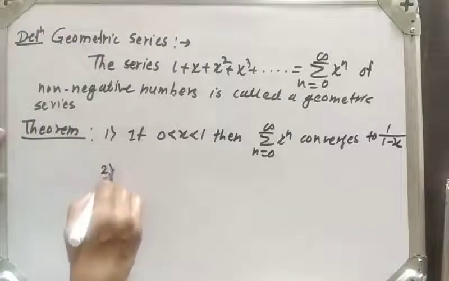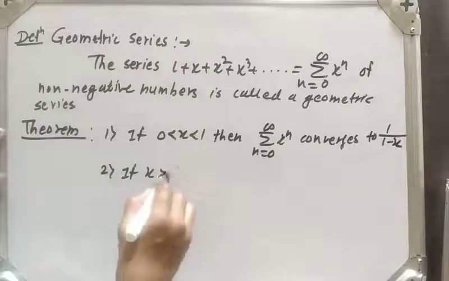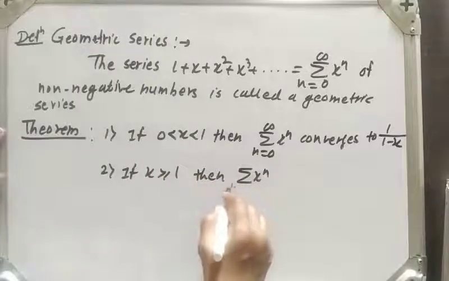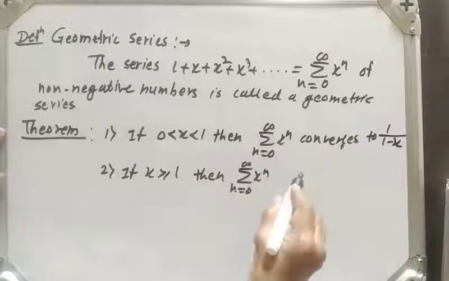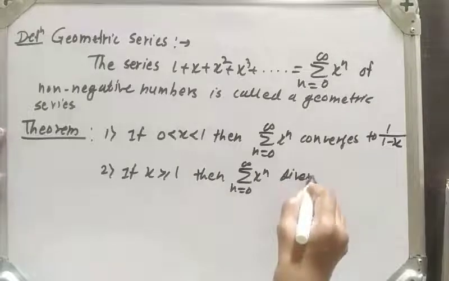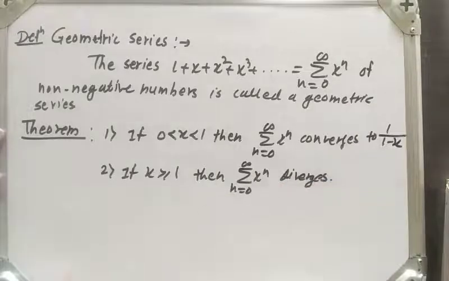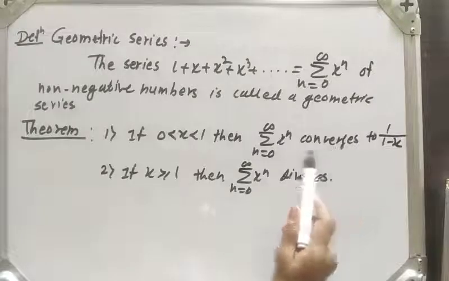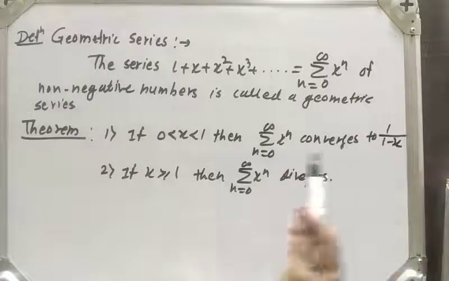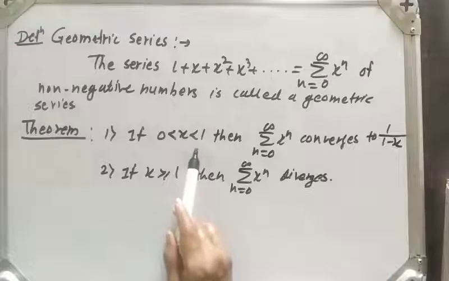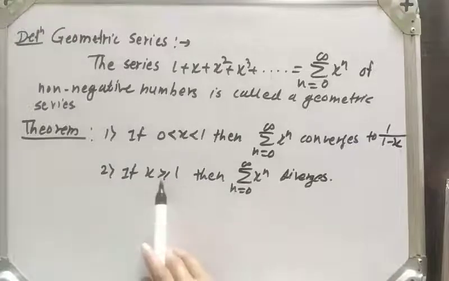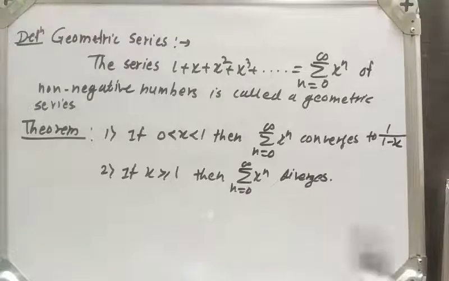And its second part is: if x is greater than or equal to 1, then the series sum of x raised to n, n varies from 0 to infinity, diverges. So the geometric series converges to 1 upon 1 minus x if and only if x is between 0 and 1, and it is a divergent series if x is greater than or equal to 1.